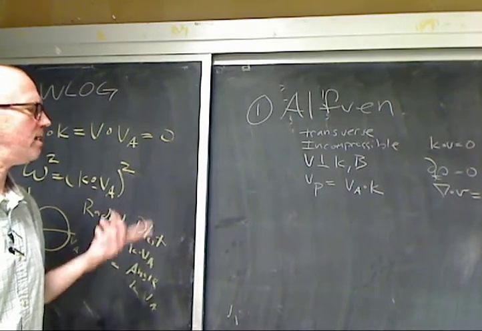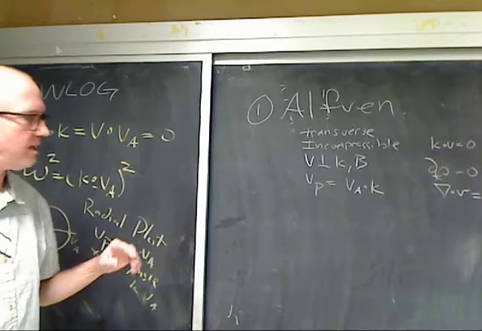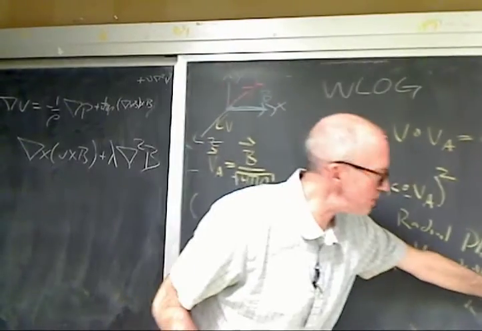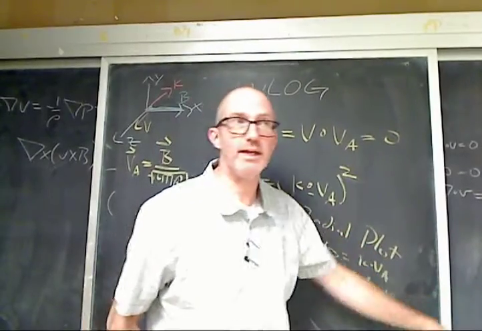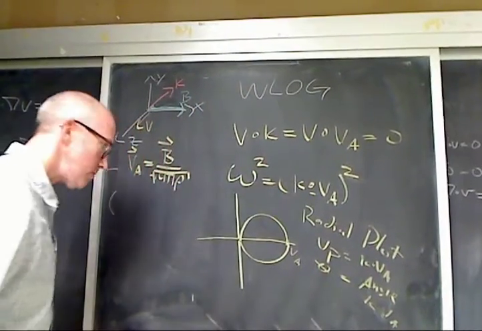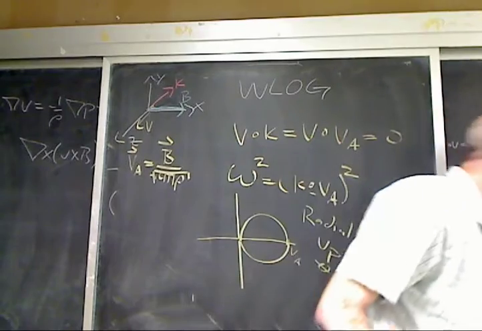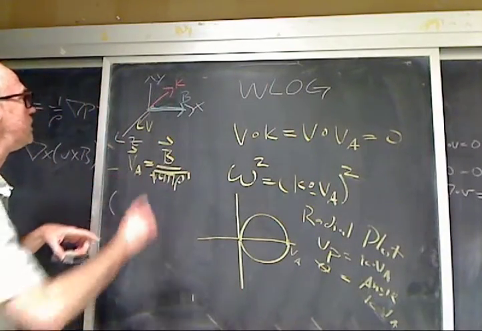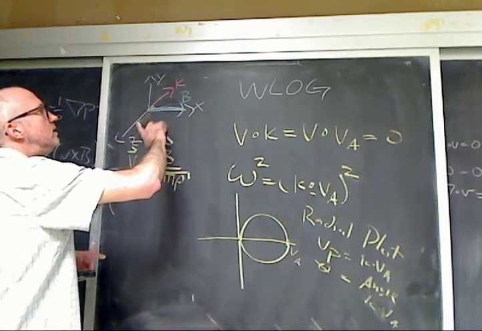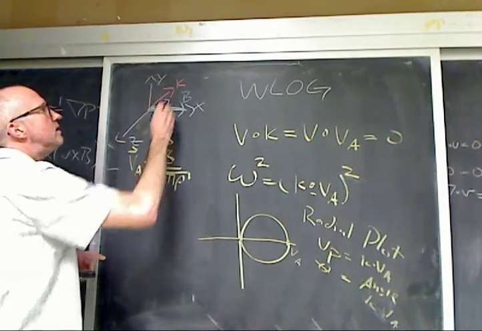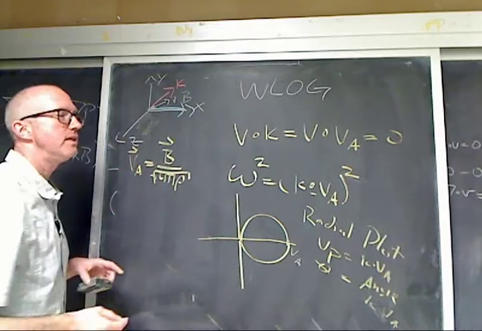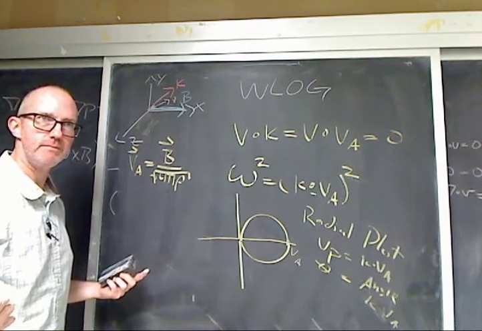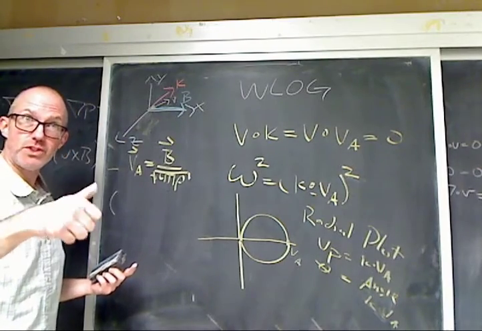Anything else I need to say there? I might have other things to say in a second. So let's now, the book doesn't do this, but I do it because I like compressible fluid dynamics. And so I'm going to talk about the other waves. So what do the other waves look like? So now we're going to assume that velocity is in the plane made by V and B. And if it's at some angle, we'll just use some admixture.